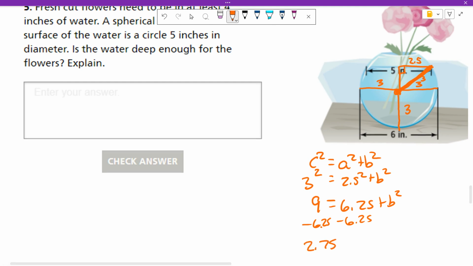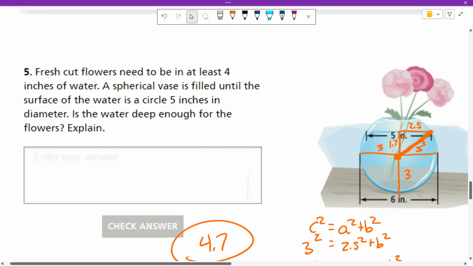So you get 2.75 equals b squared. Take the square root. What does b equal? What's the square root of 2.75? 1.7. So if this is 1.7, 1.7 plus 3 is 4.7. The depth of the water is 4.7.